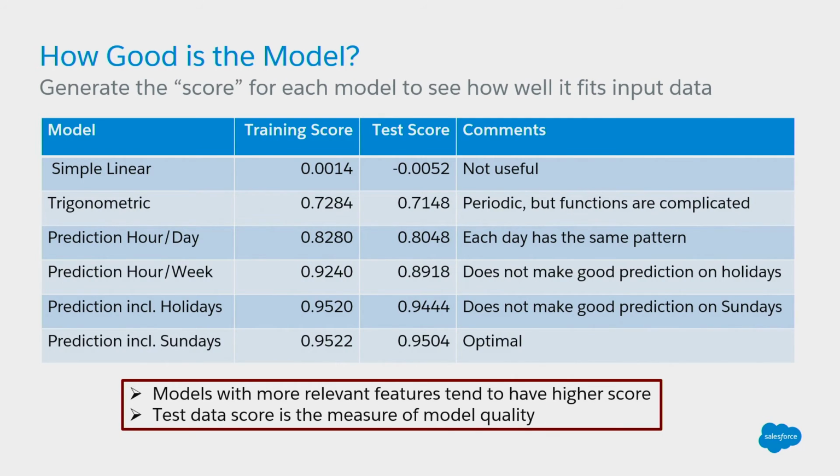Then we tried to check other models and see how well they match the training data, and we see that trigonometric has 0.72, let's say a 72% match, and different models based on the binary data show us that we have 82, 92, and 95%.